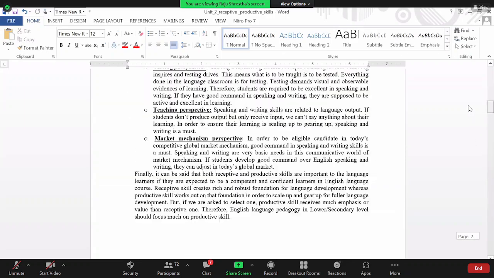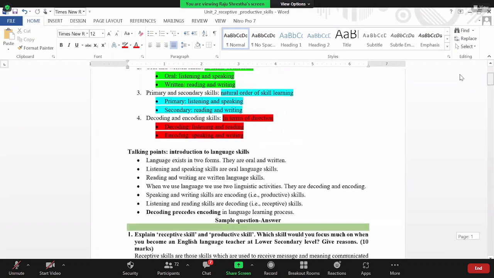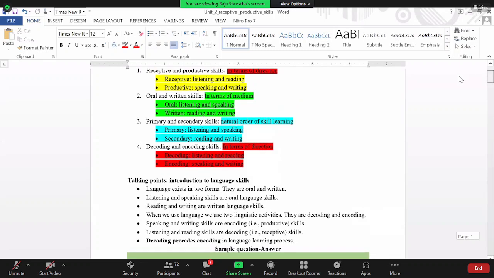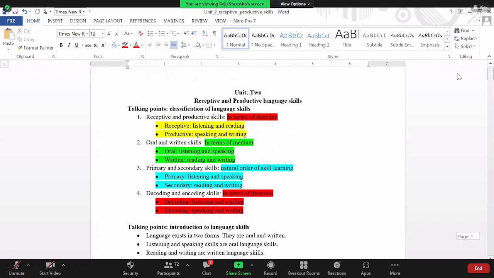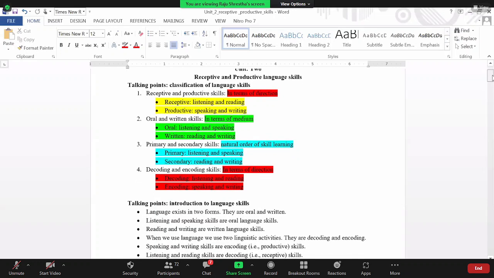अब माथि हामी जाउँ. So this classification, receptive and productive, in terms of direction भनेर बुझ्नु पर्यो. When something goes inside, this is receptive. When we listen and read, some new ideas, information we receive, so they are called receptive skills.